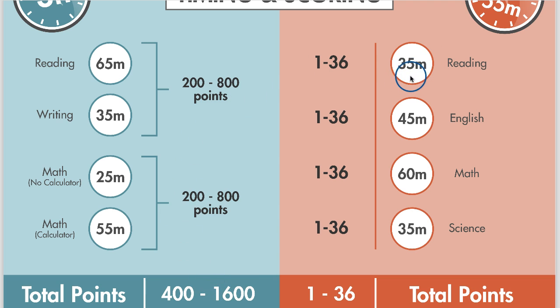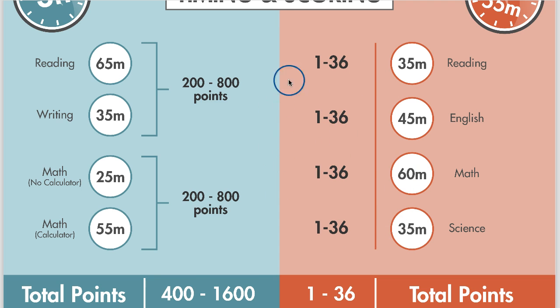For the ACT, we have a reading and an English section. These sections are pretty similar to the SAT's reading and writing section. We only have 1 math section on the ACT, and we only have 1 science section. All of these sections are scored out of 36 points, 1 being the lowest, 36 being the highest.